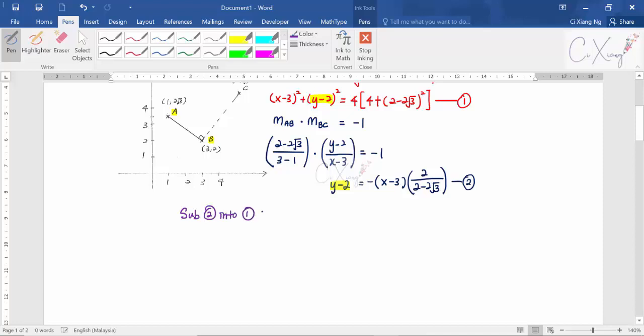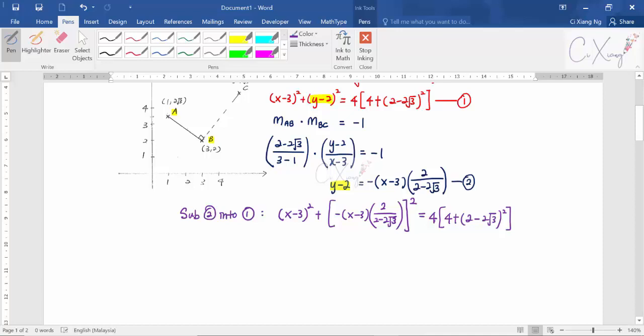So what do you have when you substitute 2 into 1? You have (x minus 3) squared plus (y minus 2) which is negative (x minus 3) times 2 over (2 minus 2 square root 3), then the whole thing squared, equal to 4 times (4 plus (2 minus 2 square root 3) squared). I believe this is not hard to understand, you just substitute it.